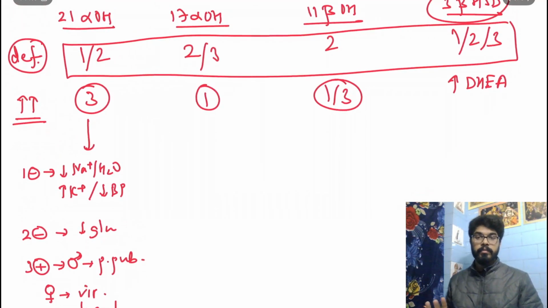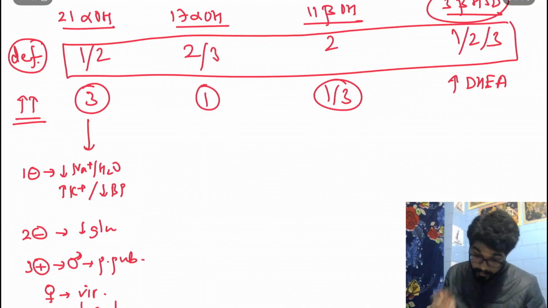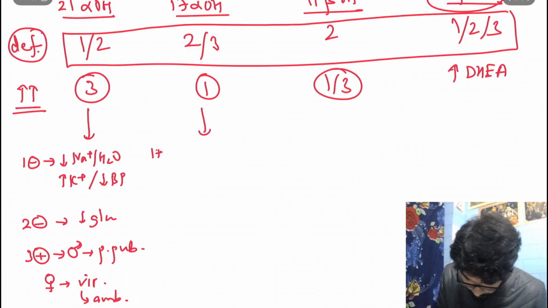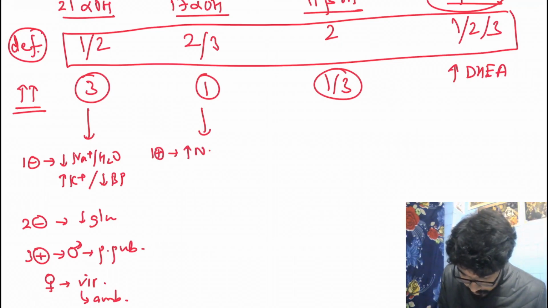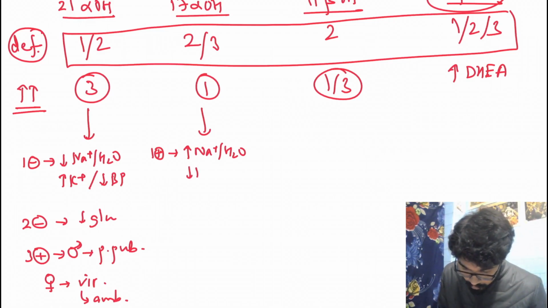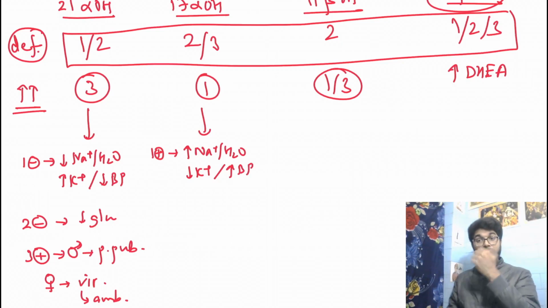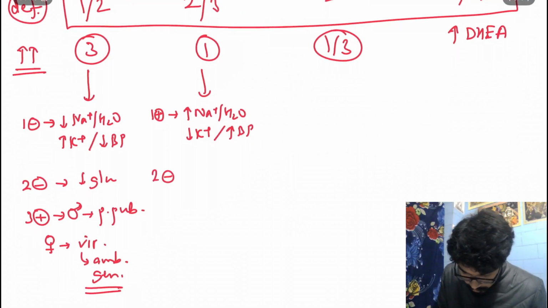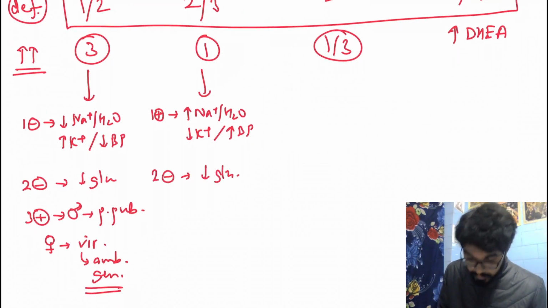Okay. Similarly, in 17 alpha hydroxylase, right, over here 1 is in excess. 1 is excess, which means there would be increased salt and water retention. There would be low potassium and there would be increased BP. So hypokalemia and hypertension. Okay. 2 will be absent, 2 will be less, so decreased glucose, hypoglycemia, and over here even 3 is absent.